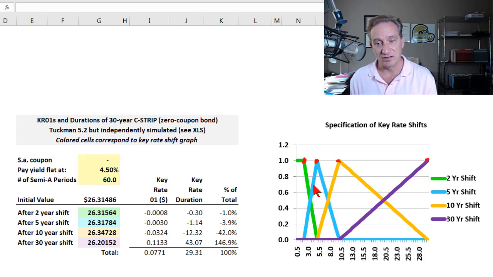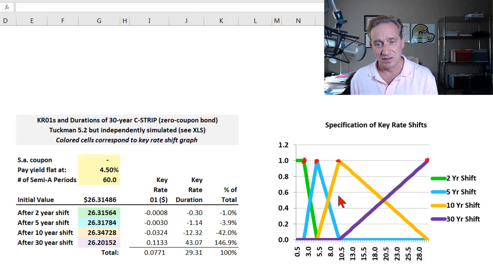In blue, you can see the 5-year key rate, and its neighboring rates all experience a shift. The shift only maxes out at 1 basis point, but neighboring rates experience some shift as well.